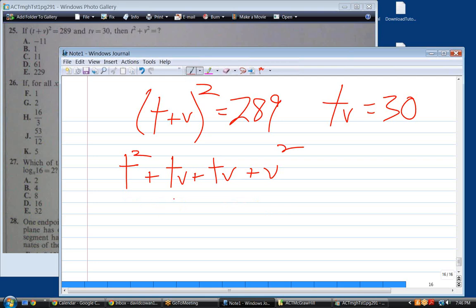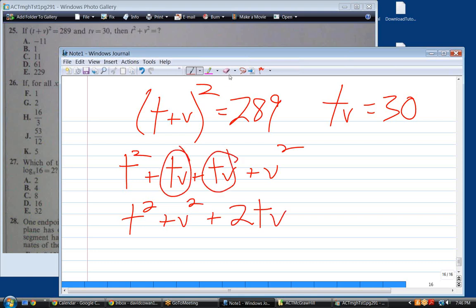So that would be t squared plus v squared plus 2tv. I got one tv, I got another tv, I got two tvs. Right, okay.